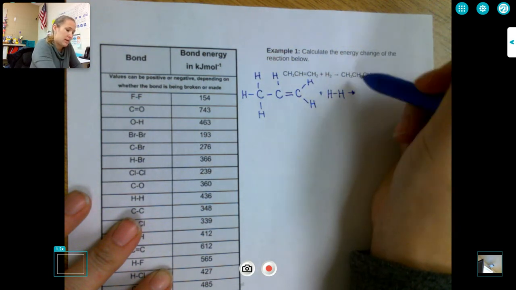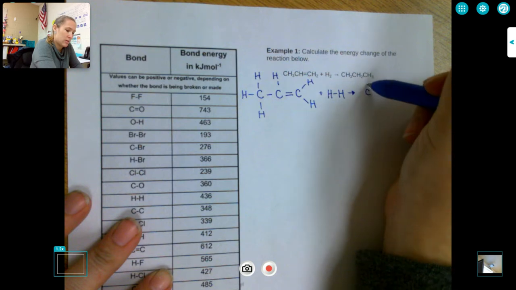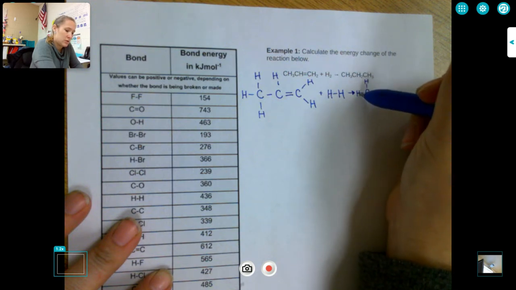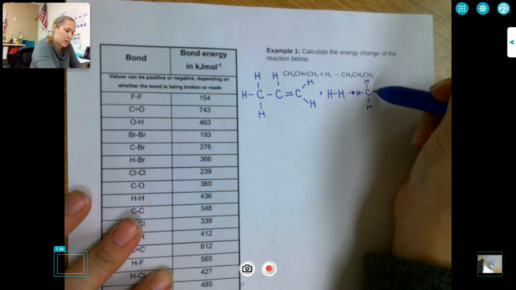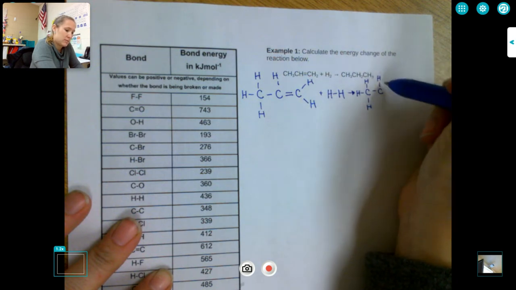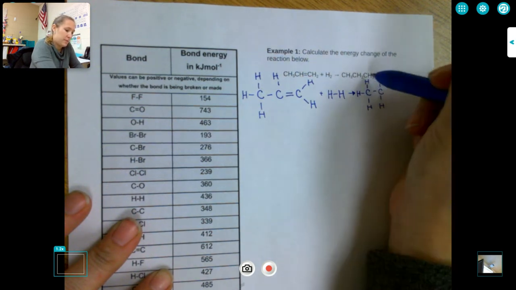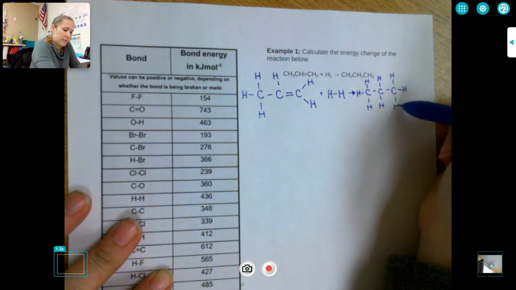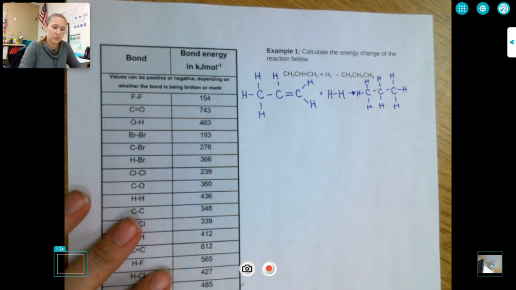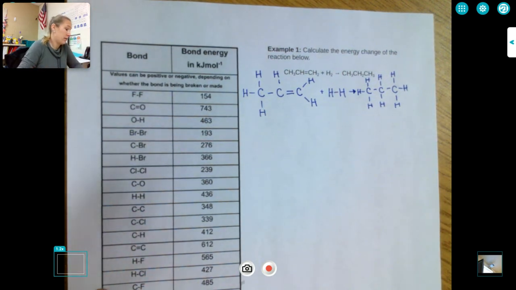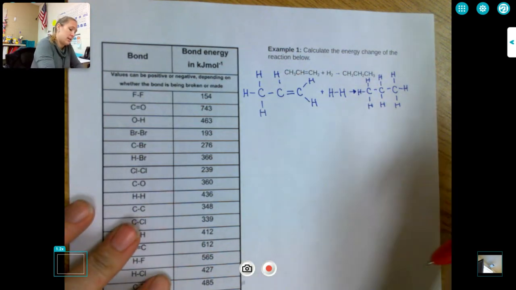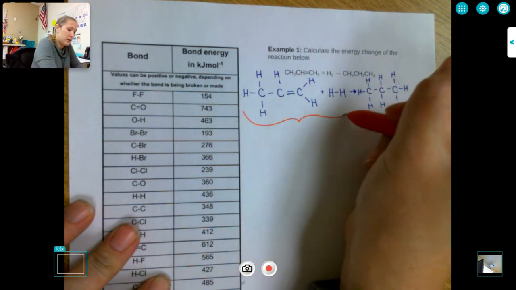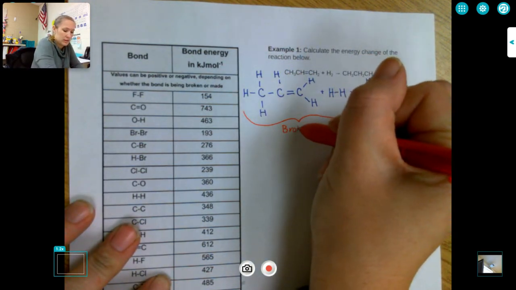And then I make CH3, so a carbon with the 3 hydrogens, linked to another carbon with 2 hydrogens, one at the top, one at the bottom, to another carbon with 3 hydrogens, like so.